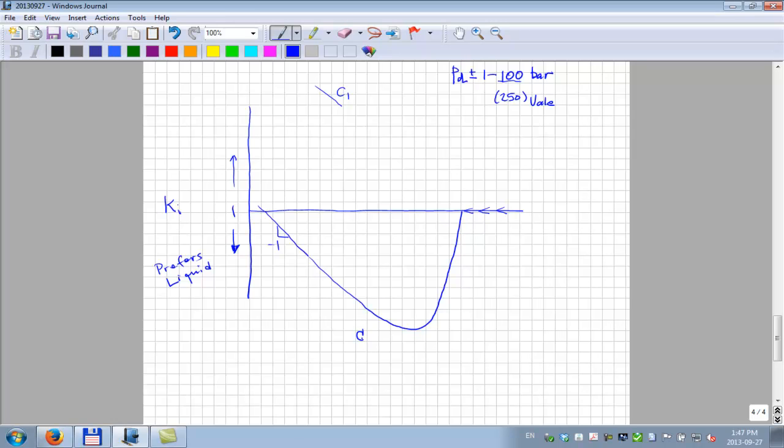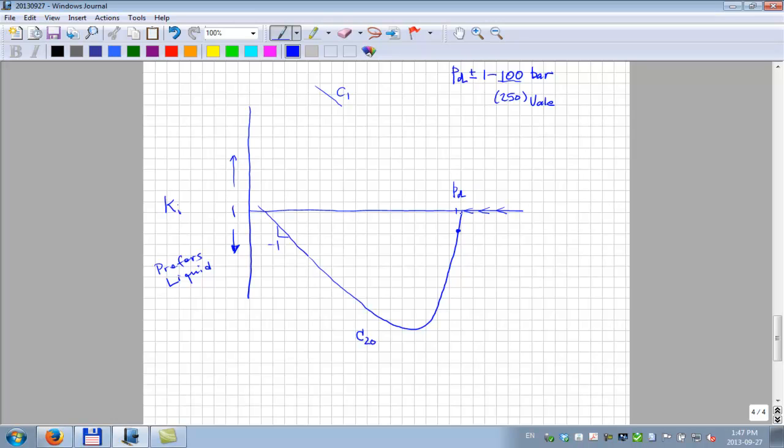So if this is some heavy component, pick one you like, C20, they all look the same. That may be the value at the dew point. It's got a weak preference to be in the liquid phase, a relatively weak preference.